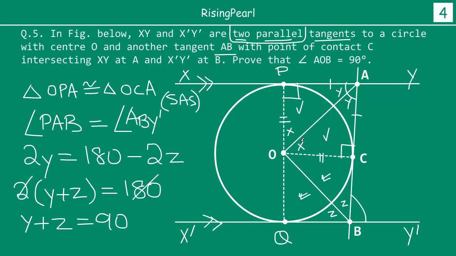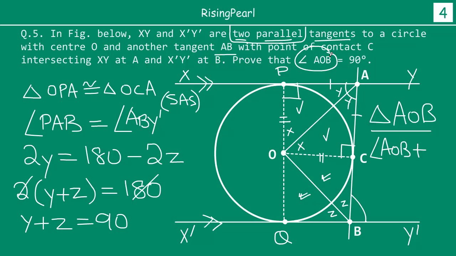Now, if you look at this triangle AOB, angle AOB plus y plus z is 180 degrees, because the sum total of 3 angles in a triangle is 180 degrees, but we know that y plus z is 90 degrees.